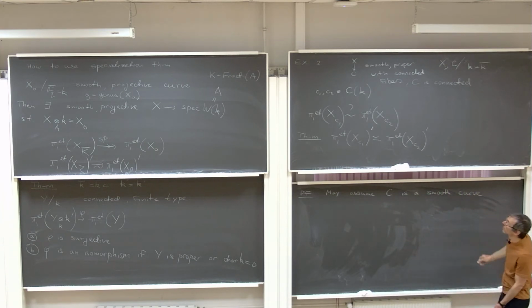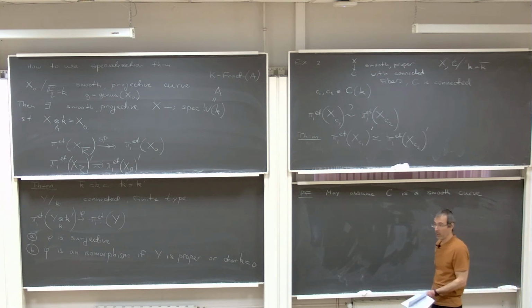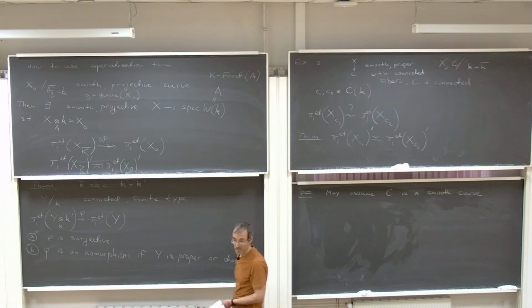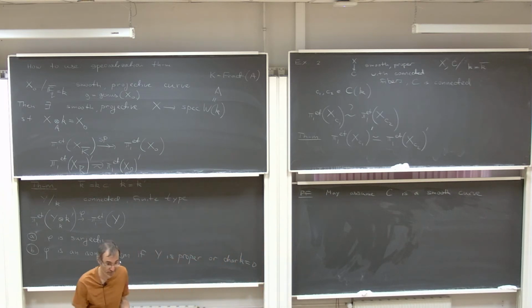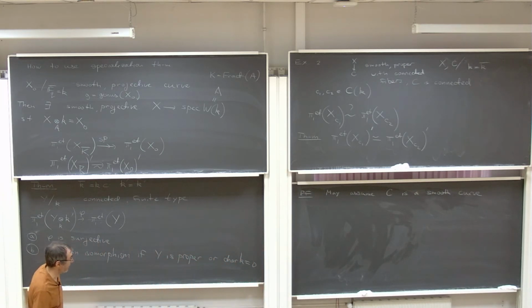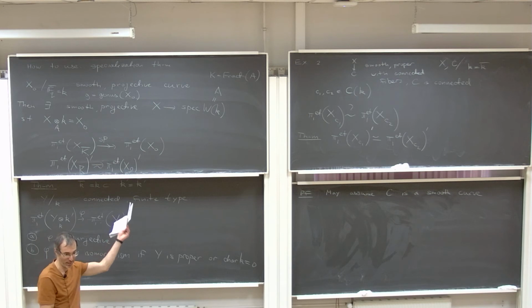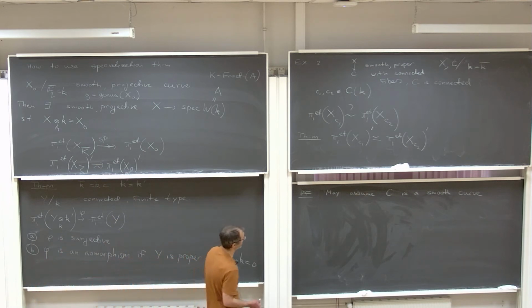Because if you have any two points, you can connect them by a curve, or by a chain of curves in general, but it's good enough. And even if your curves are not smooth, pass to the normalization and pull back to the normalization. It will not change the fibers.